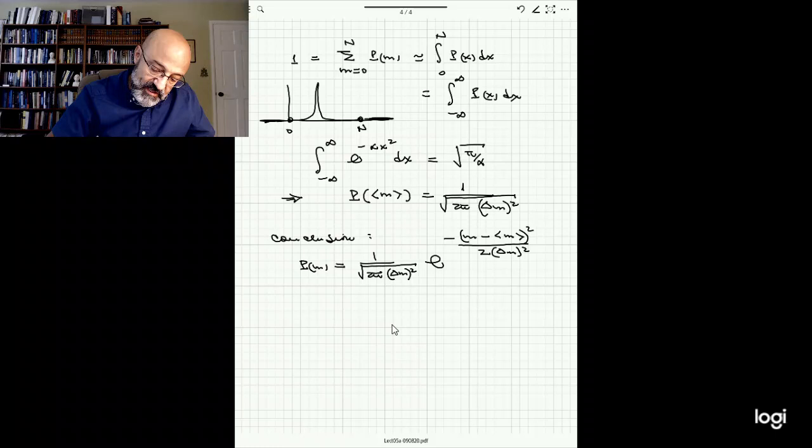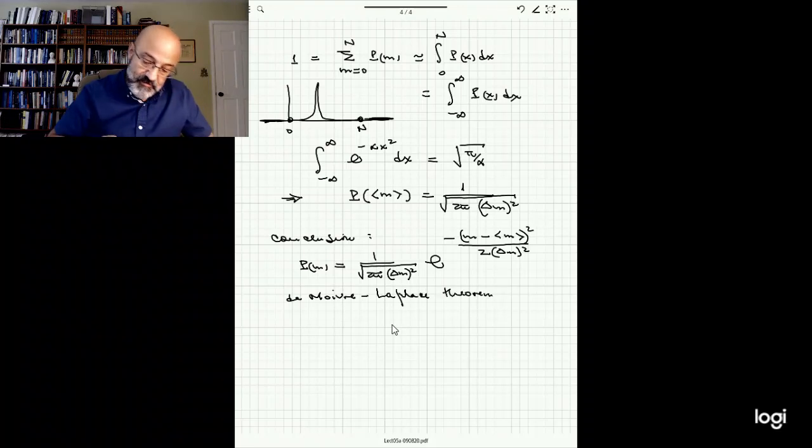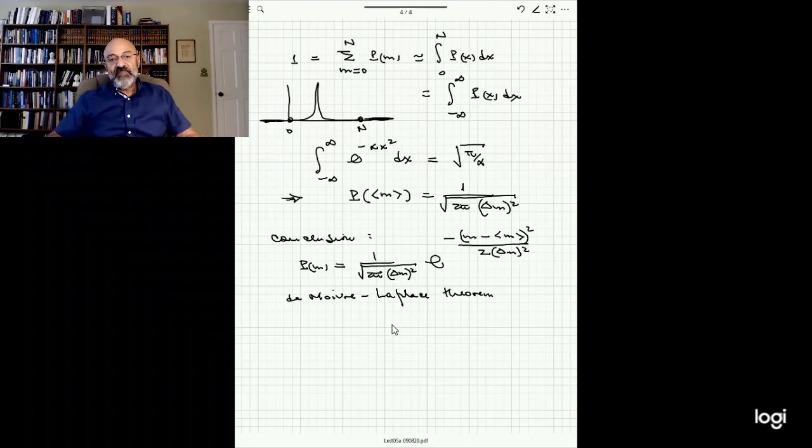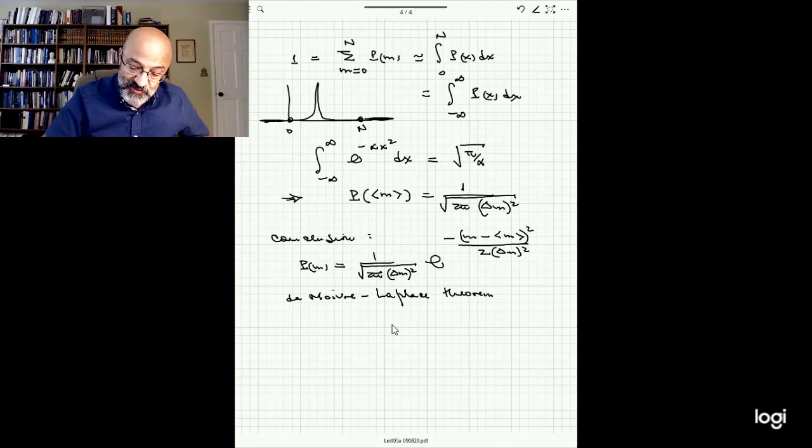This is called the de Moivre-Laplace theorem. And this is a formula that we're going to use so much that you end up remembering it by heart. That is the square root of 2 pi. That is the square root of the variance. So it's just the RMS deviation that appears there. What appears in the exponent is the full variance.